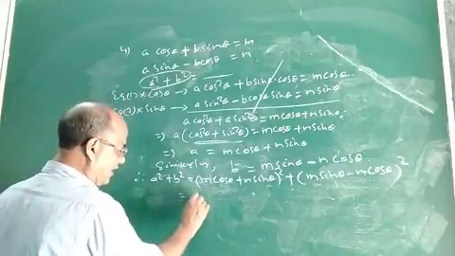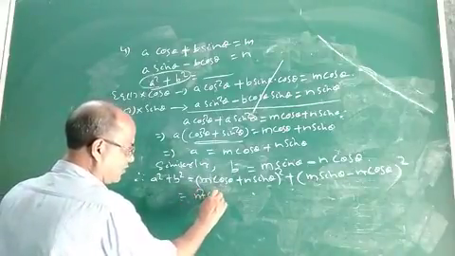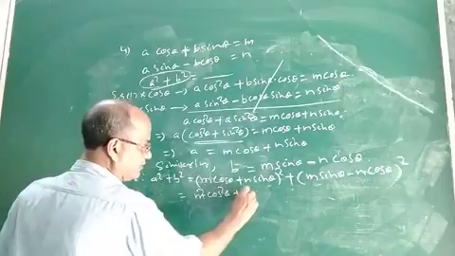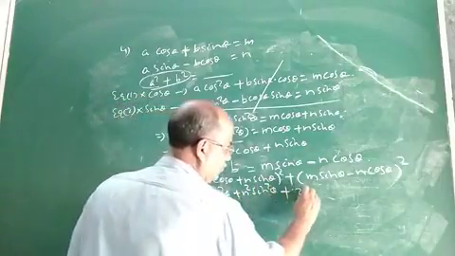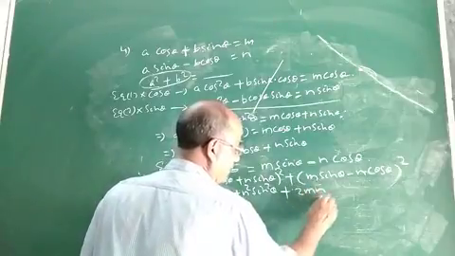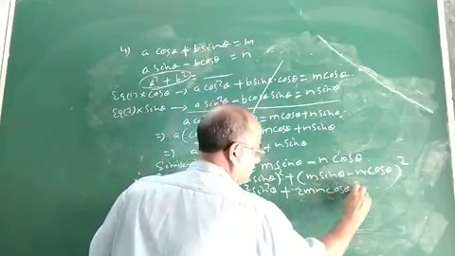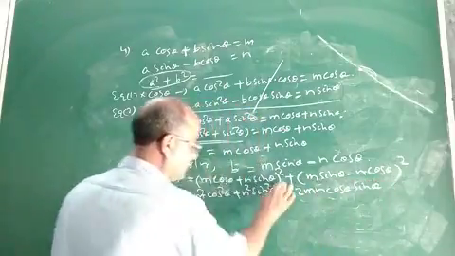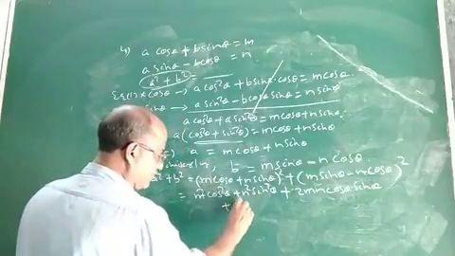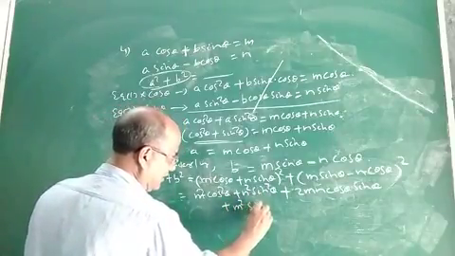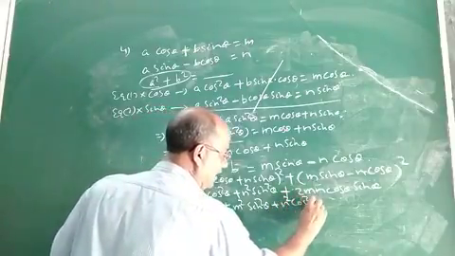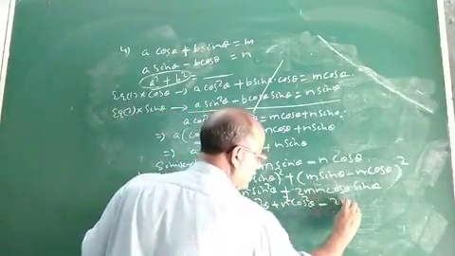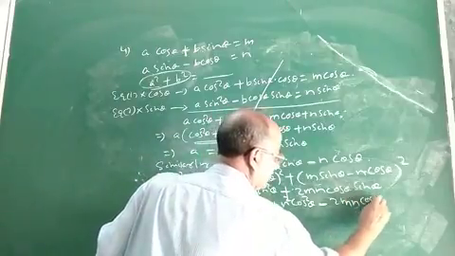So apply the formula. It will be m square cos square theta plus n square sin square theta plus 2mn cos theta sin theta, then plus m square sin square theta plus n square cos square theta minus 2mn cos theta sin theta.